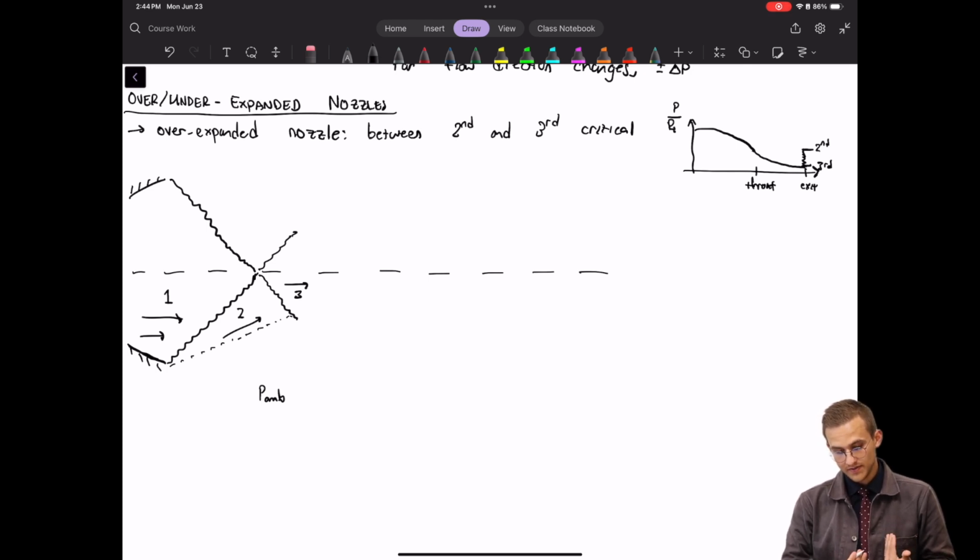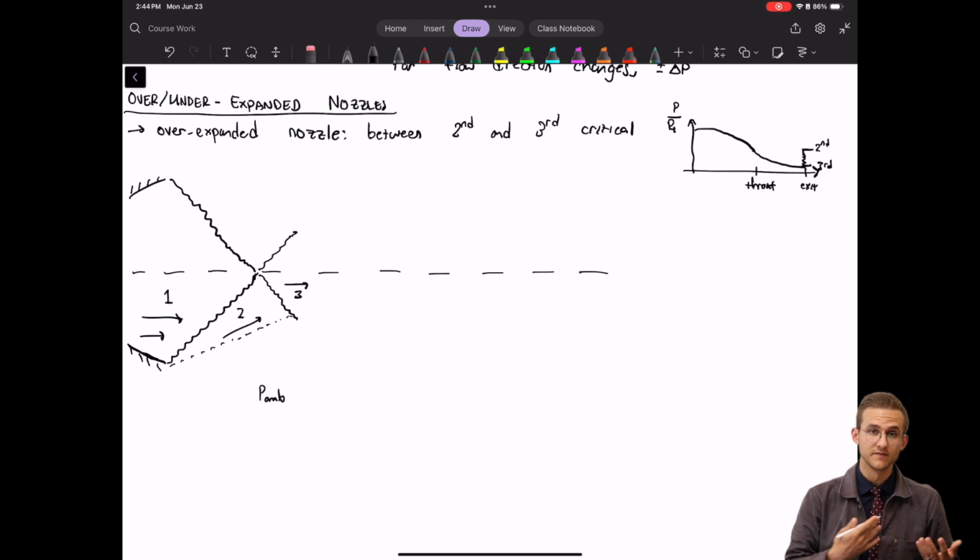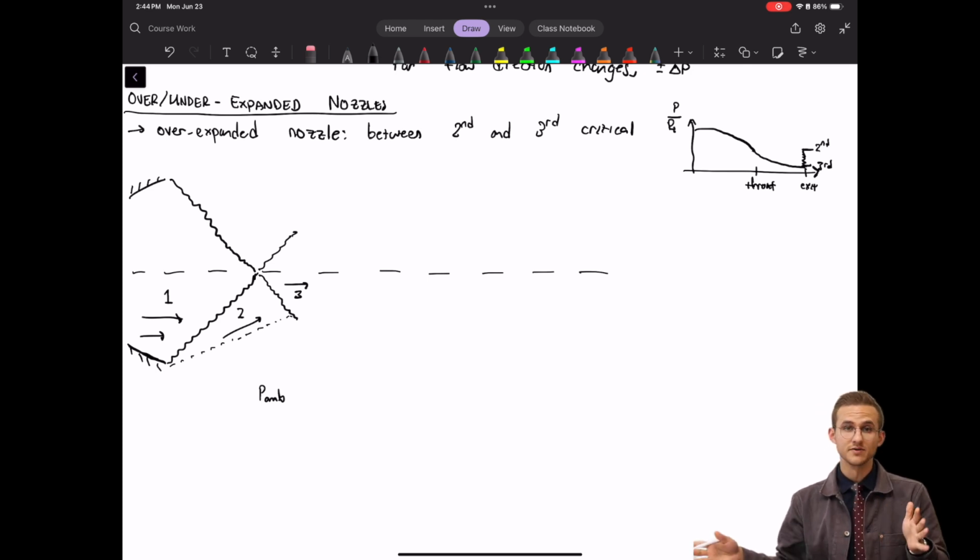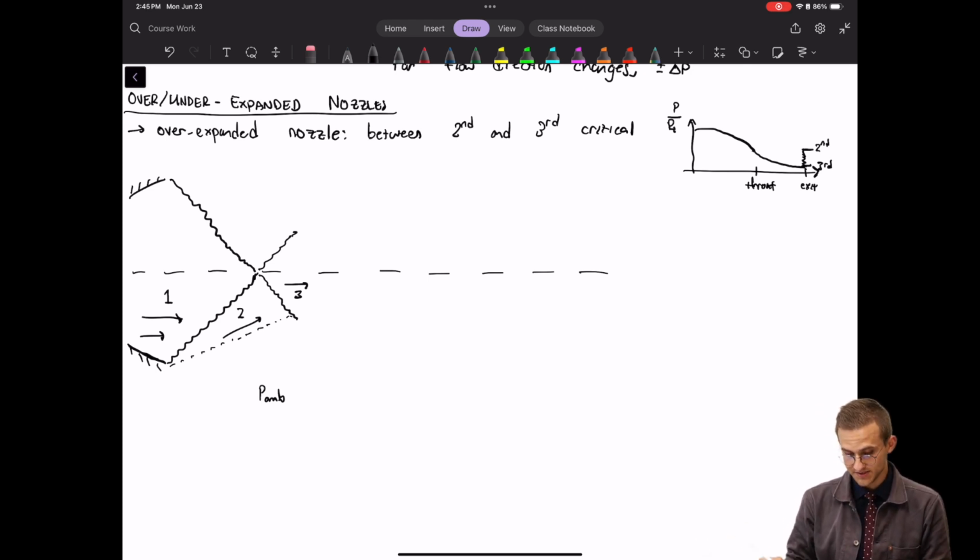And so that was where we left off at the start of the last lecture and went into this discussion of Prandtl-Meyer expansion fans. And so what happens here is exactly that. You have a set of expansion waves that changes the direction of the flow again, but makes the flow have the proper pressure.